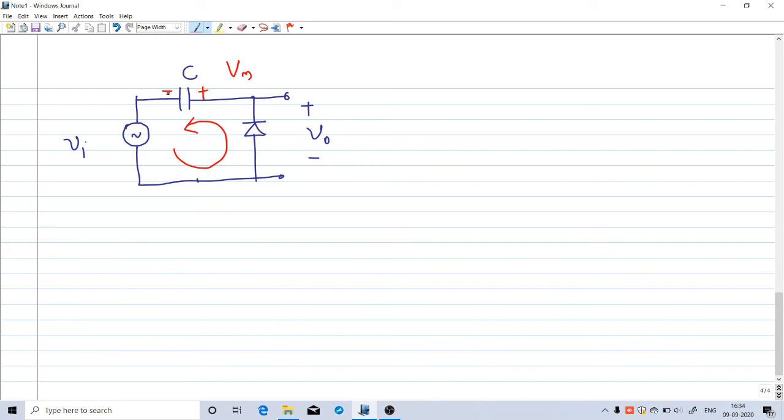Once it charges to voltage Vm, the diode will turn off because it is no longer forward biased. So it is like an open circuit. We can redraw the circuit like this. This is charged to Vm with this polarity, minus plus.